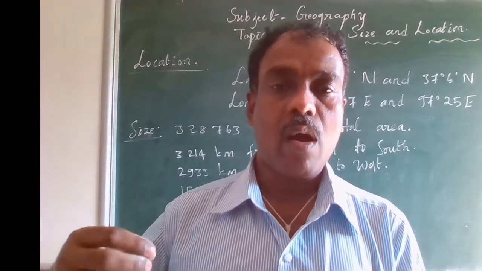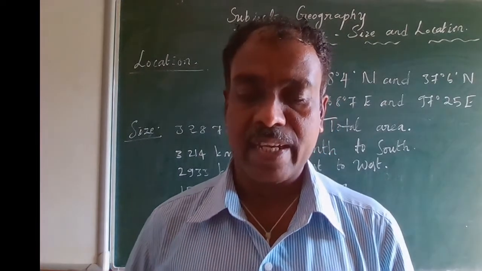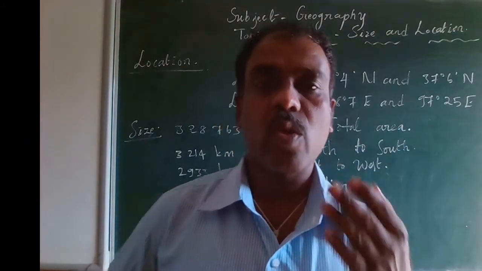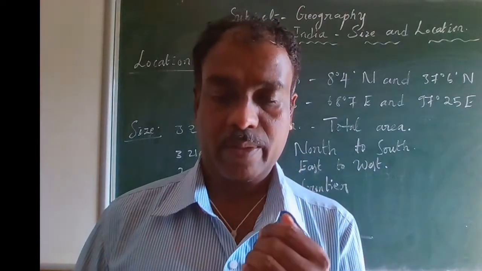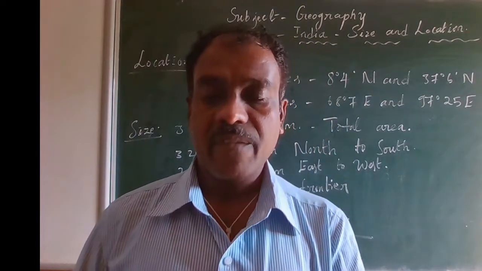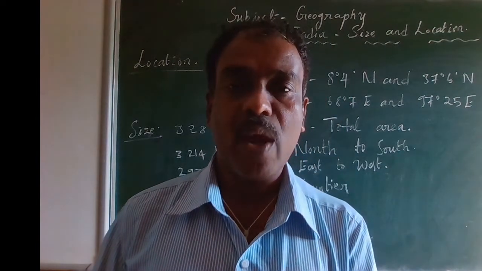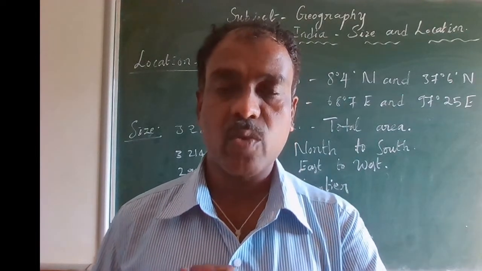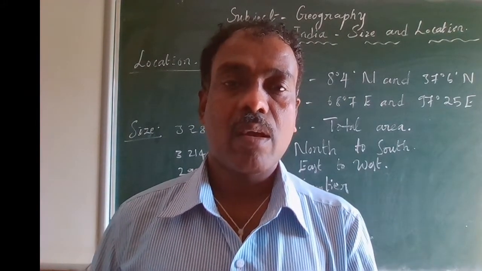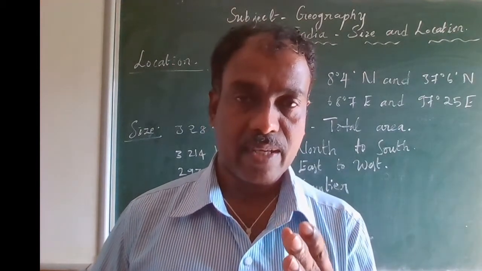To avoid this and to have a proper time in India, we consider the longitude which passes through Uttar Pradesh, especially Mirzapur. We have taken 82.30 east longitude as the standard meridian of India.